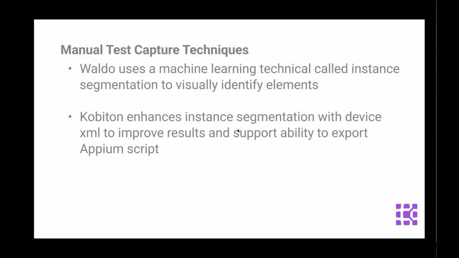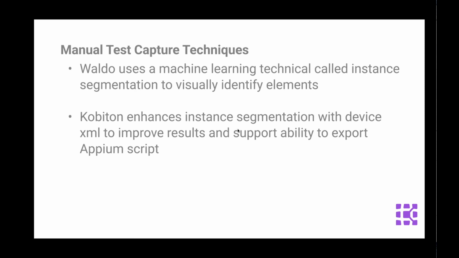So Waldo uses a machine learning technique called instance segmentation that looks at the screen visually and determines which element was interacted with. So if I click on a button, it's able to identify that as a button. And when I rerun across other devices, if that button is visible on that screen, it's able to match that across different screen types.